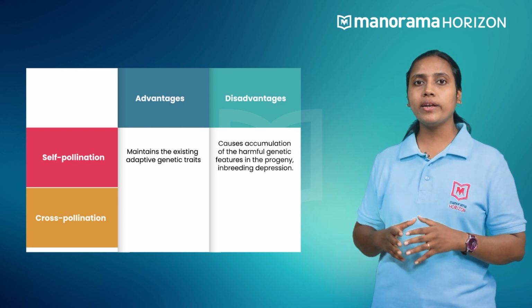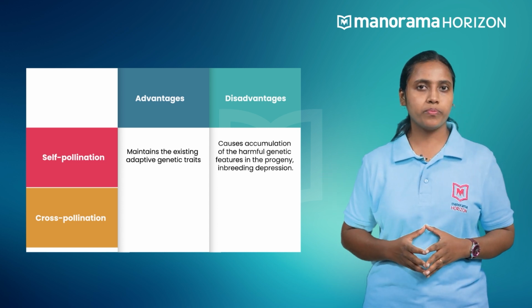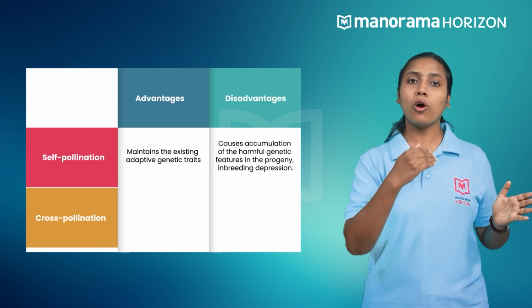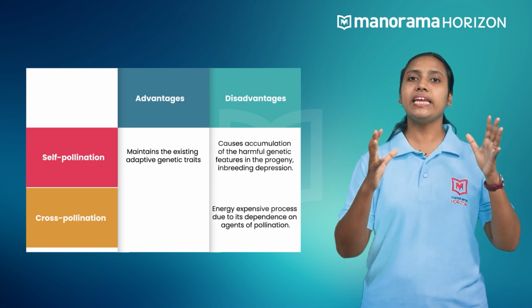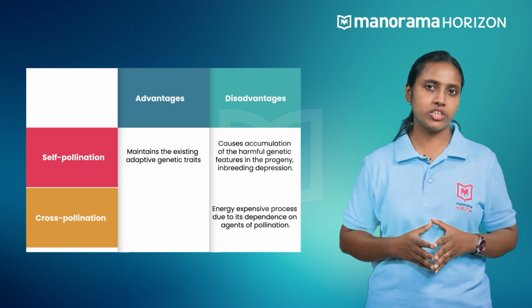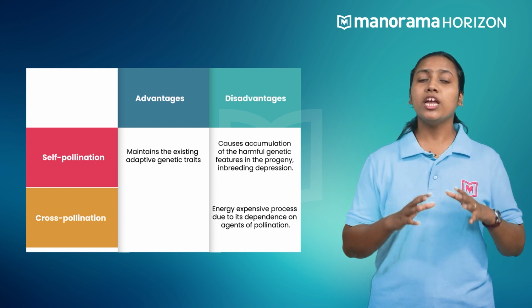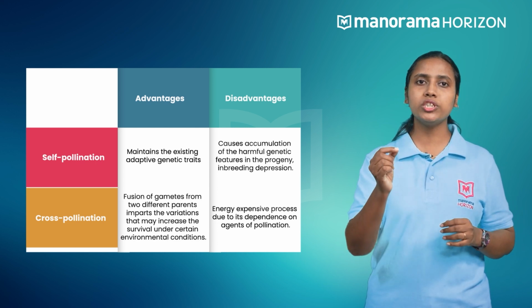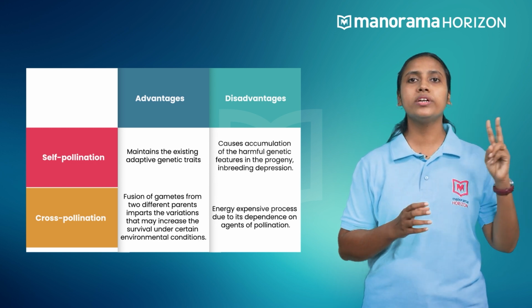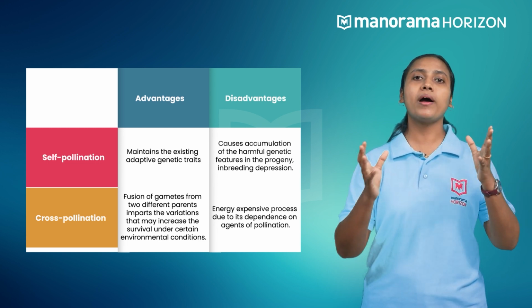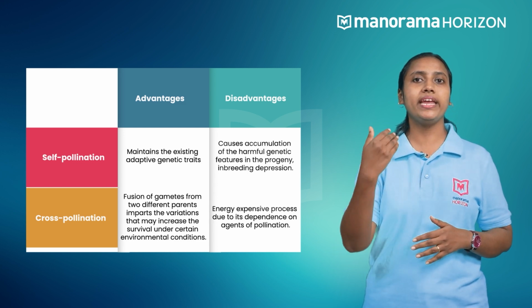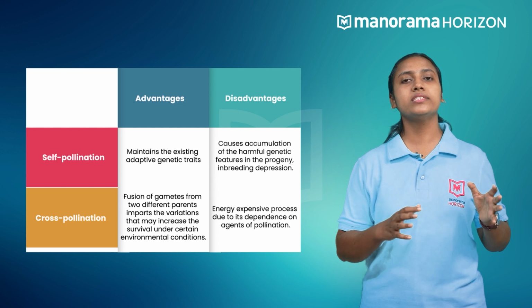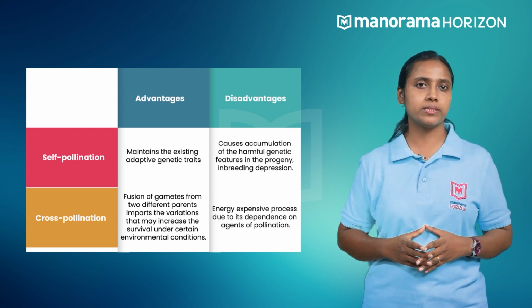It is also called inbreeding depression. On the other hand, cross-pollination is an energy-expensive process as it includes agents of pollination. However, it also includes a fusion of gametes from two different parents, which imparts variations to the progeny, and this variation may increase the survival under certain environmental conditions.